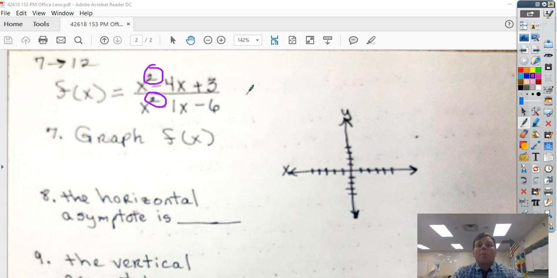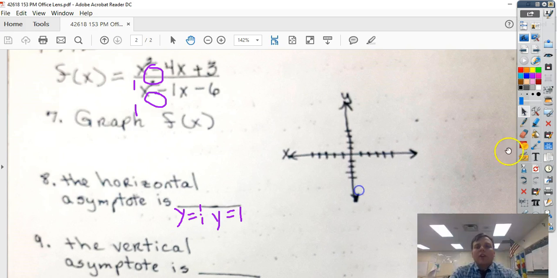That means they are balanced, which means it's leading coefficient divided by leading coefficient. Leading coefficient is simply the number multiplying to the x squared. So what is the number multiplying to x squared here? It's a 1. What is the number multiplying to x squared here? It's a 1. So the horizontal asymptote is simply y equals 1 over 1, which is just what? That's right, 1.